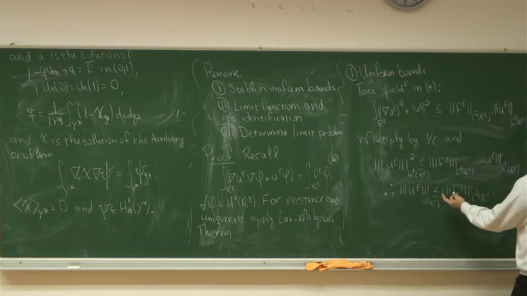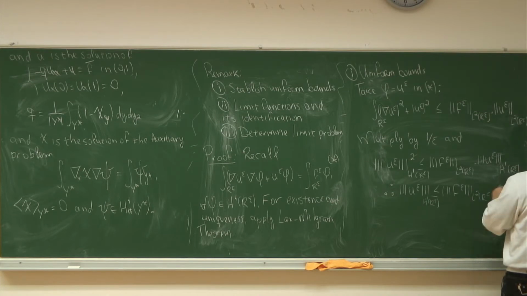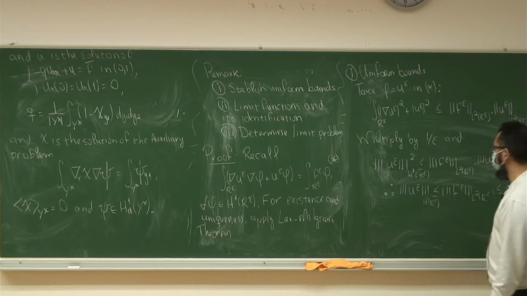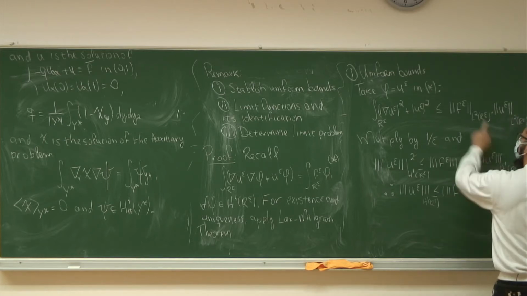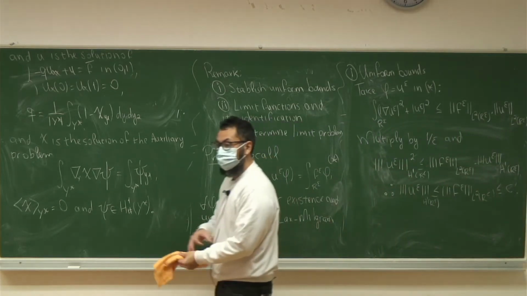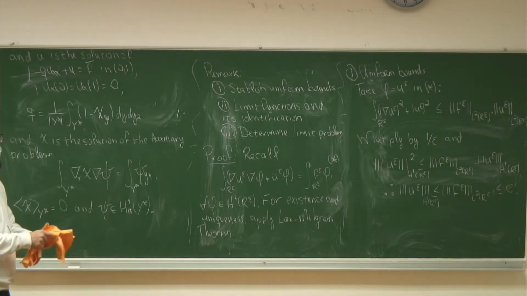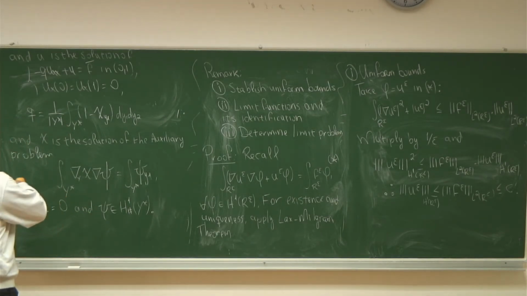And by hypothesis, this is less or equal to a constant that does not depend on epsilon, and we have proved the uniform bounds. Very simple, very fast, no difficulty. So it's okay.